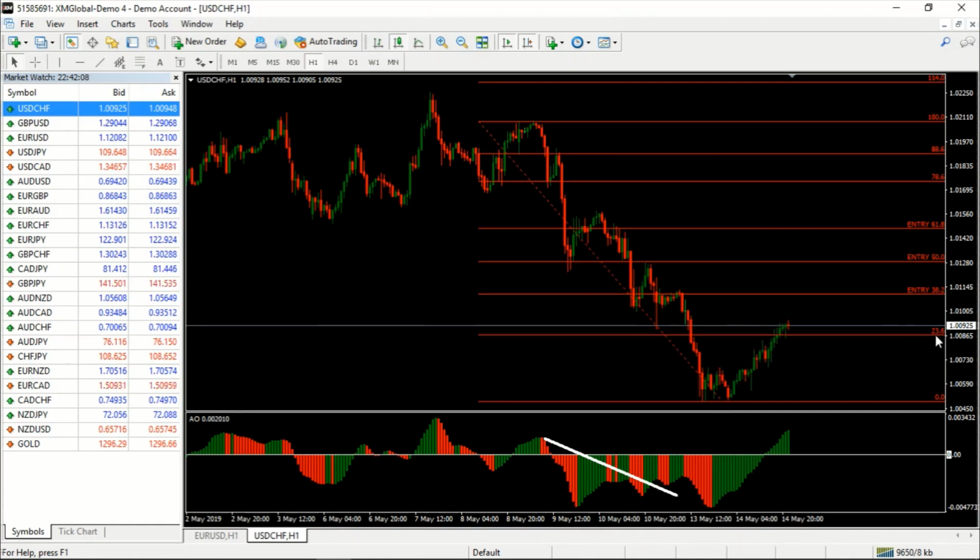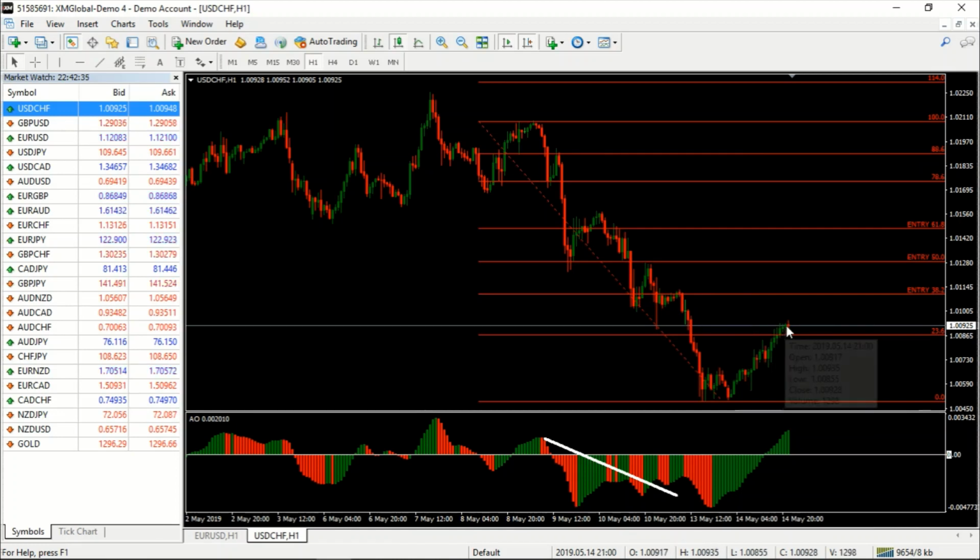As you can see, we are at the 23.6, which would have been a resistance level. If we didn't break through it, we would have looked for a reversal pattern and opportunities to sell this market, to sell it down. But as you can see, we broke above the 23.6 and our next support and resistance level is at the 38.2, and you can see the market actually forms strong resistance and support at this level.